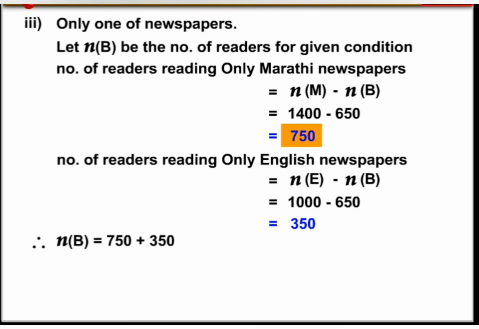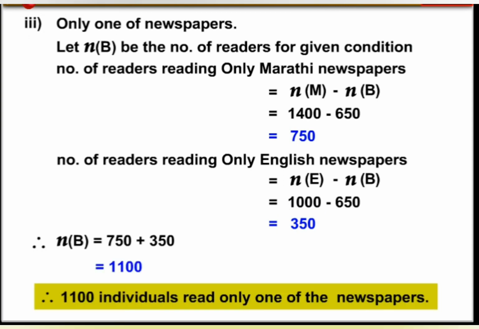Therefore, n(B) is equal to 750 plus 350, that equals 1100. Therefore, 1100 individuals read only one of the newspapers.